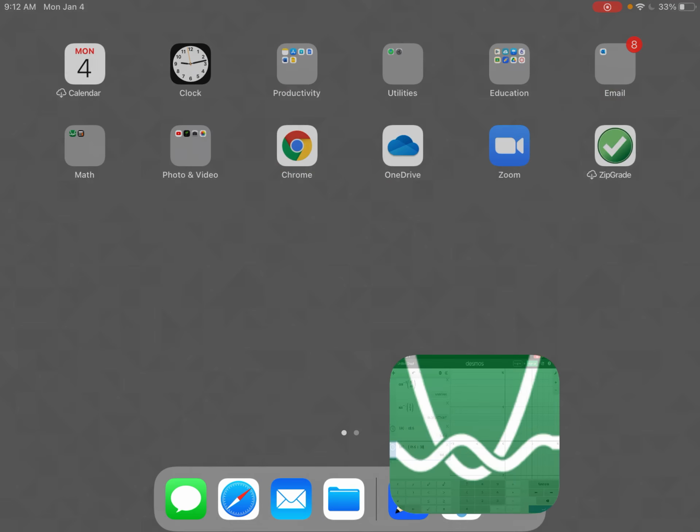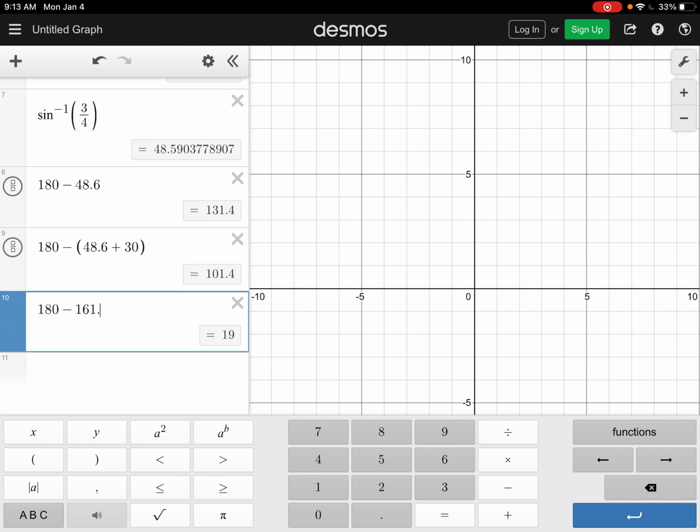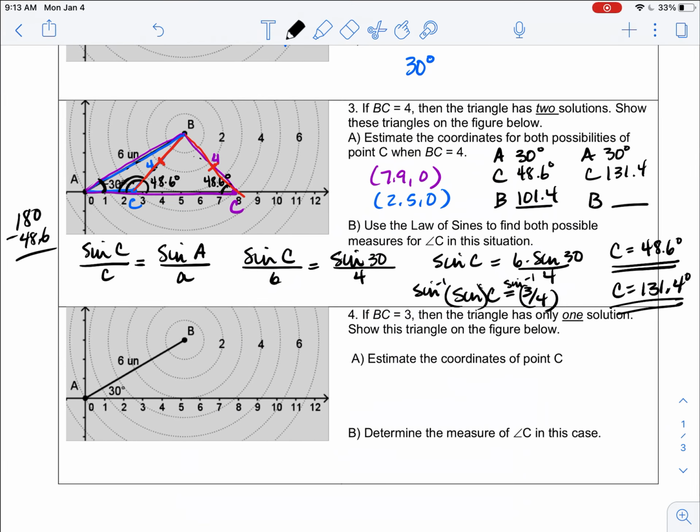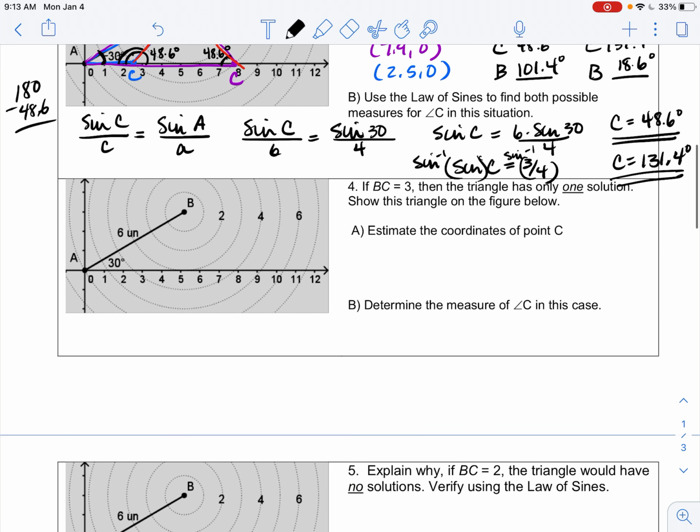And for the other triangle, 131.4 plus 30 is 161.4, so subtracting from 180, how about 18.6? And so we're able to figure out the three angles of those two distinct triangles.